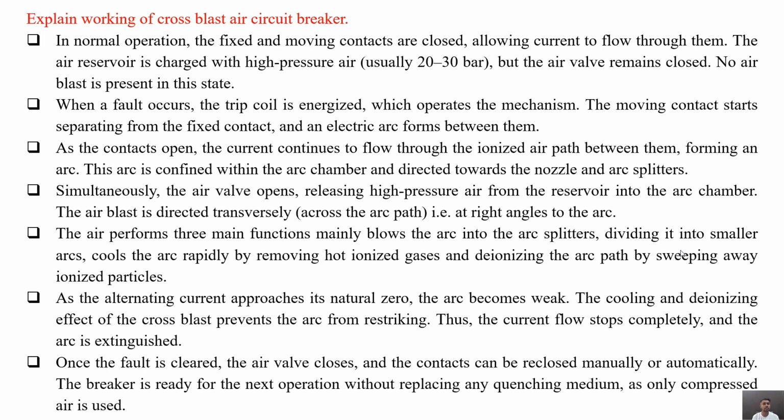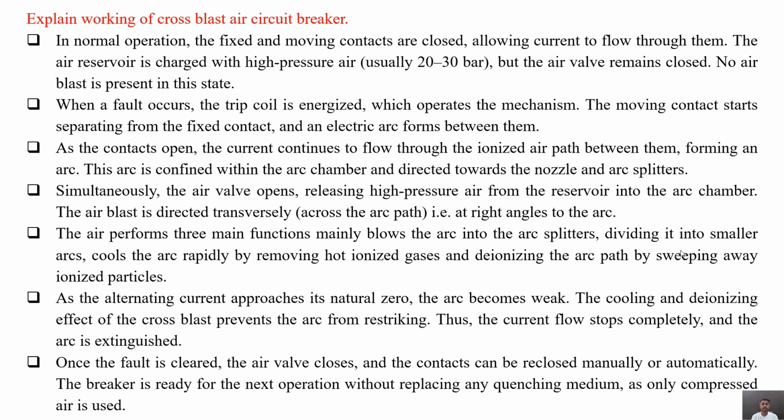away the ionized particles. Now, as the alternating current approaches its natural zero, the arc becomes weak. The cooling and deionizing effect of the cross blast prevents the arc from restriking. Thus, the current flow stops completely and the arc is extinguished.